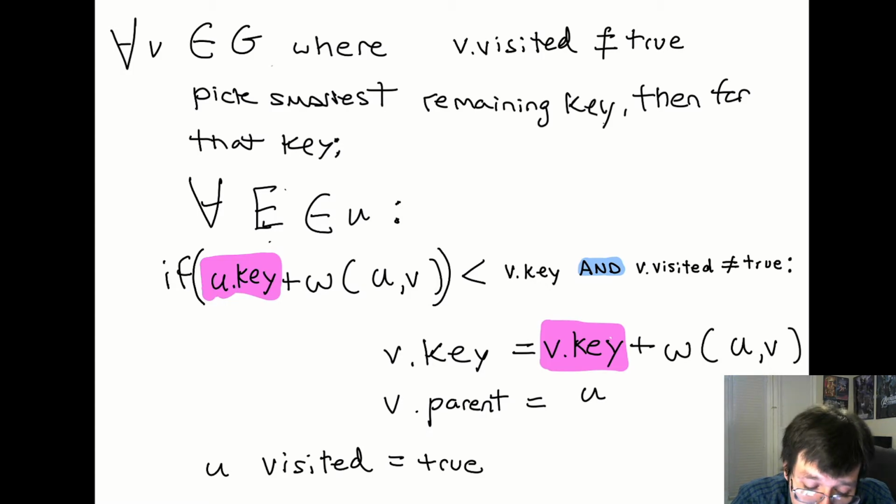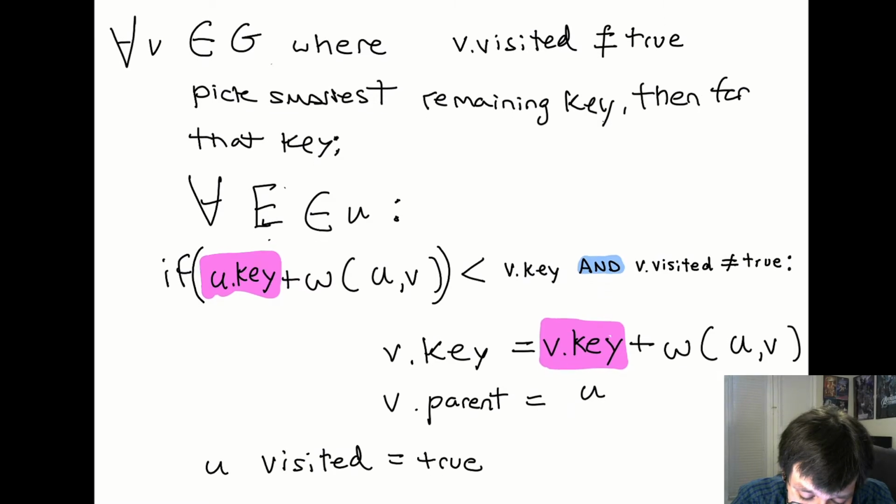So let me go ahead and read it. Okay, so for all vertices, we have a couple of variables. So we have u and v. Those are going to be just 2 vertices, u and v, like for example, edge vertex 1 and 2.